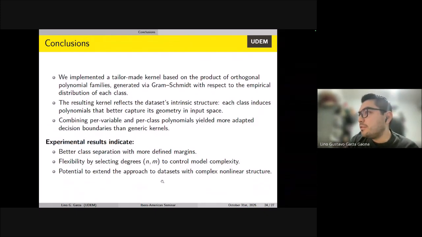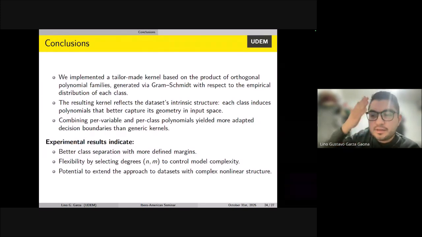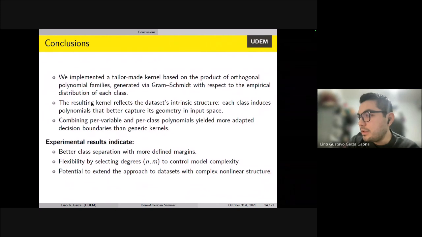And so we still have a lot of work to do. We're still thinking about how we can take this to a set of data that has more features, more columns. How will that work?